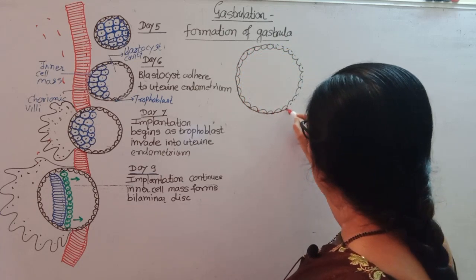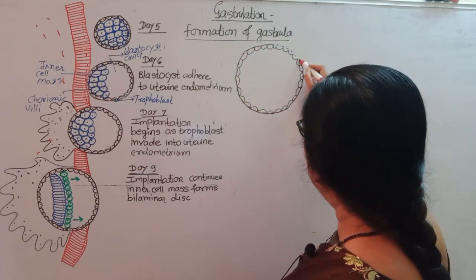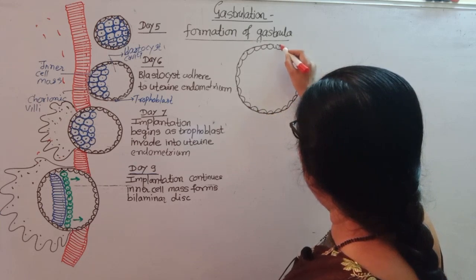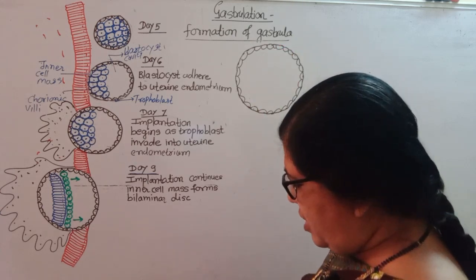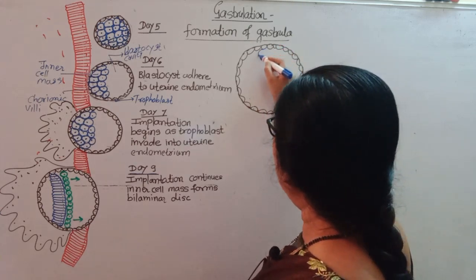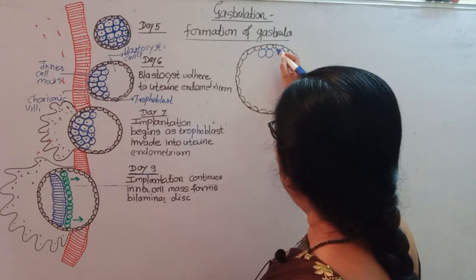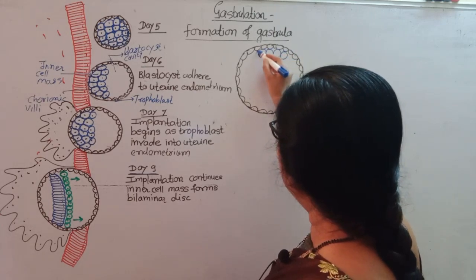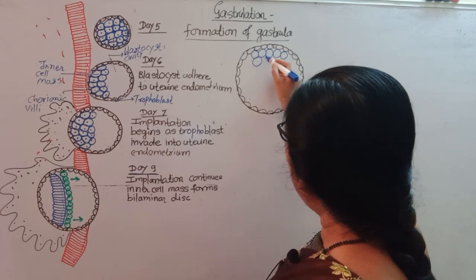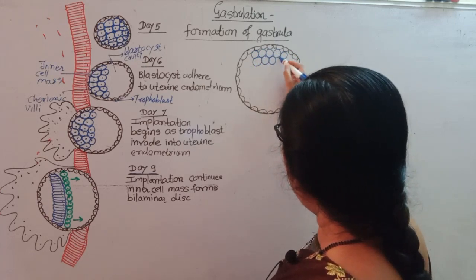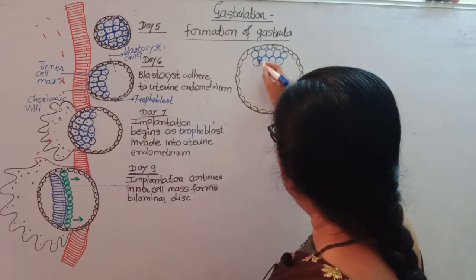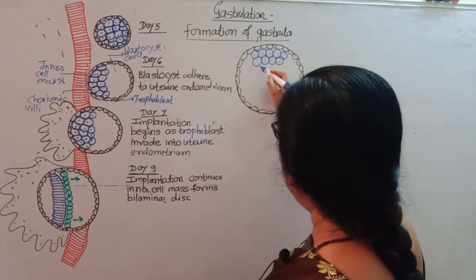So trophoblast cells or trophoblast layer, and this is inner cell mass. In inner cell mass, cells are compactly arranged. These are nuclei.